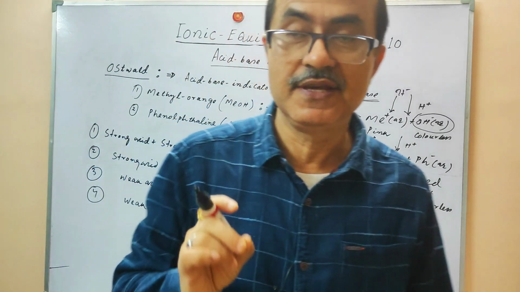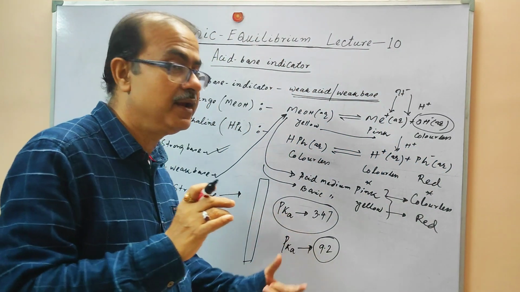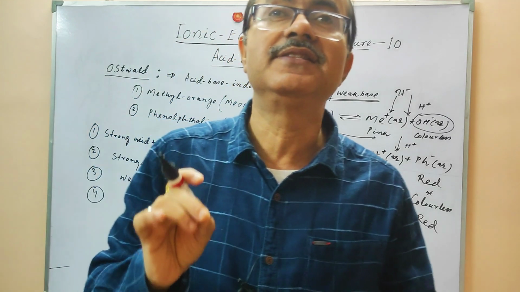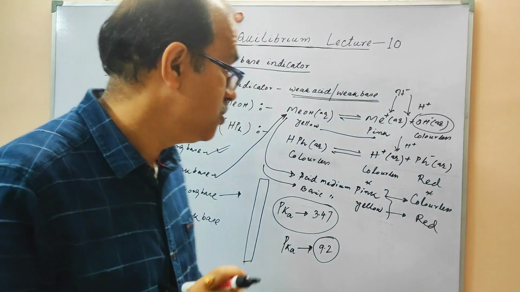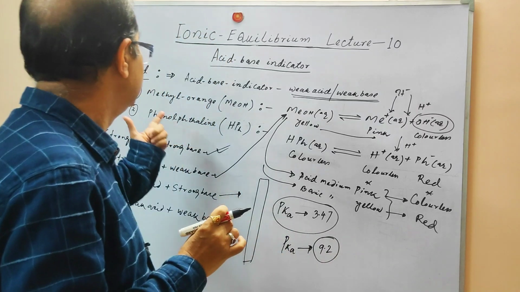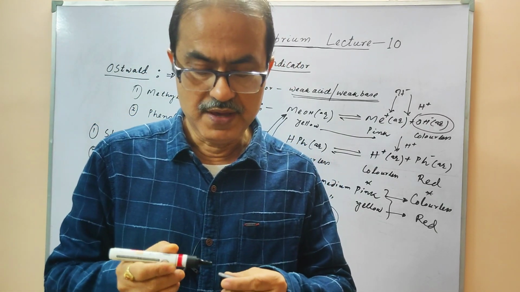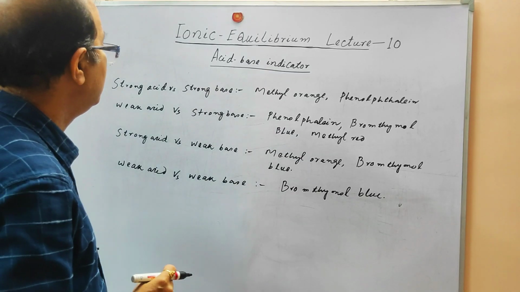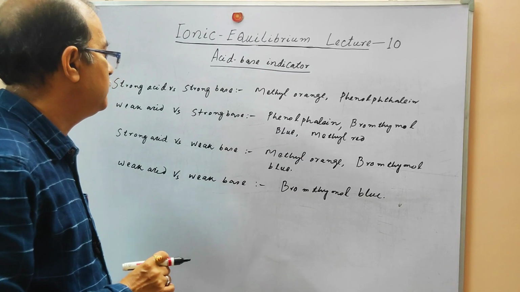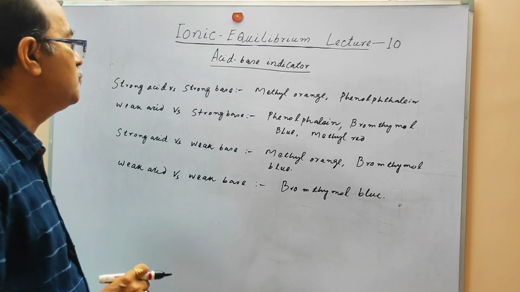Now we are going to discuss at which pH this is going to activate and what are the factors that will determine the pH. For methyl orange and for phenolphthalein, these are different. Okay, now this is very important information about which type of indicator you will use.